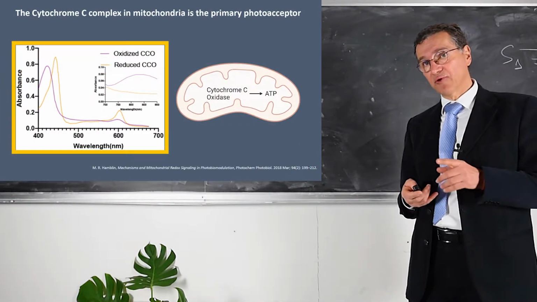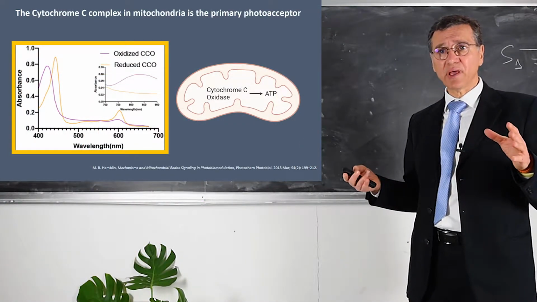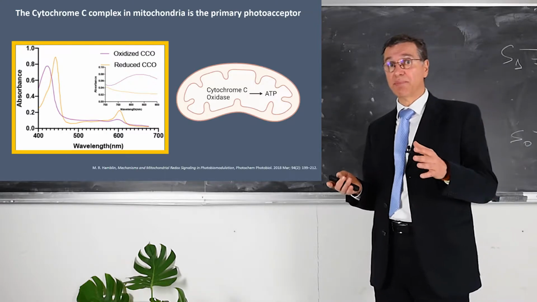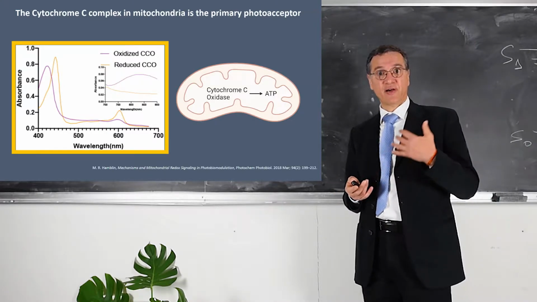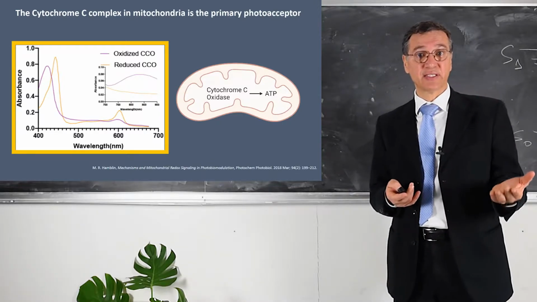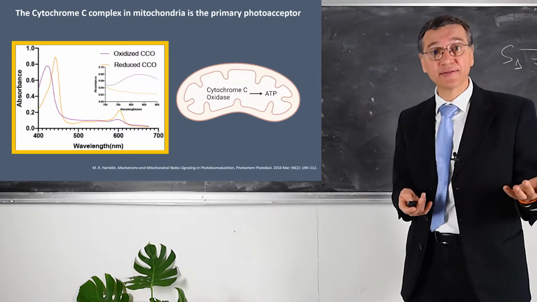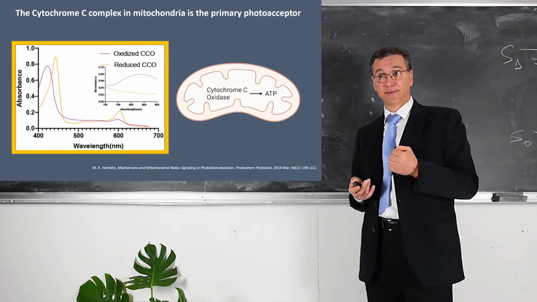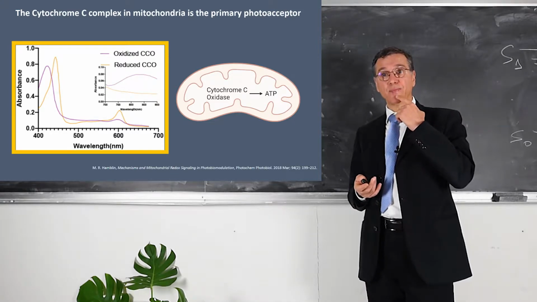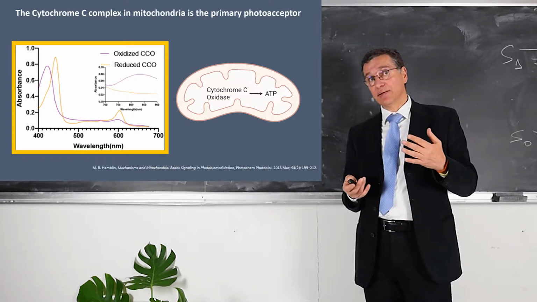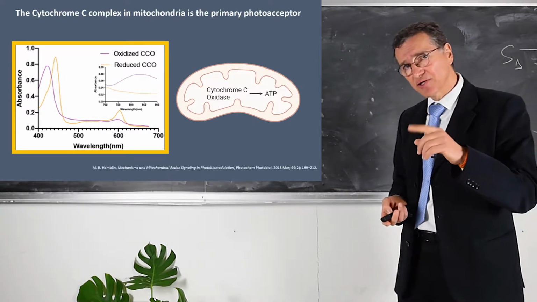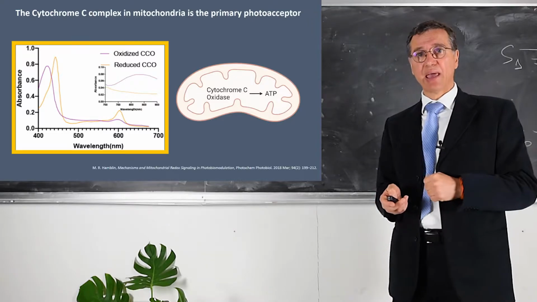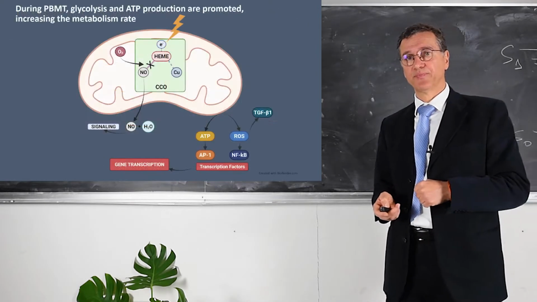But at 400 nanometers, the cytochrome absorbs about 10 times more than the red. So if I want to be more effective, it's better to use blue light than red light. The problem is that, as we will see, the blue penetrates differently, but we are going to discuss that. But let's concentrate first on the photochemical effects.